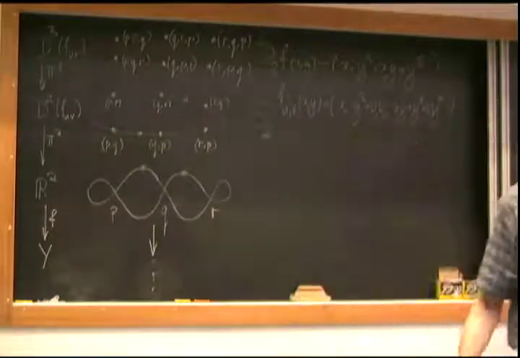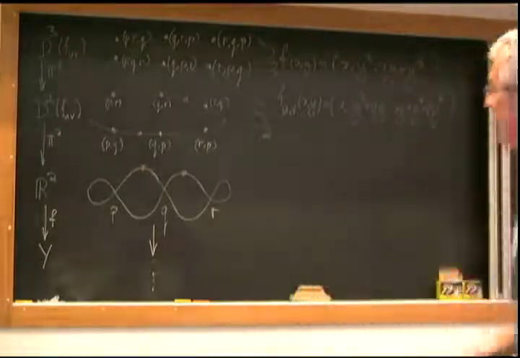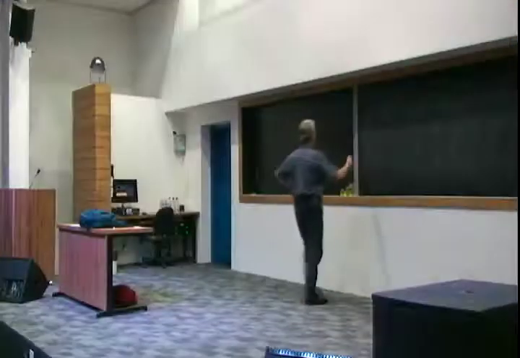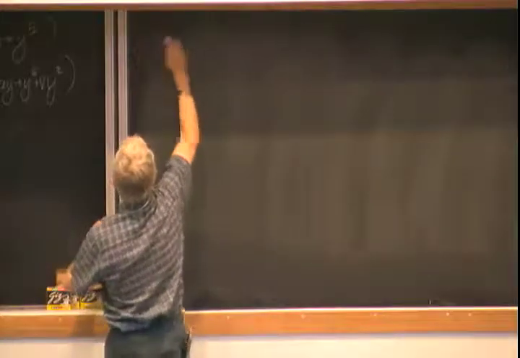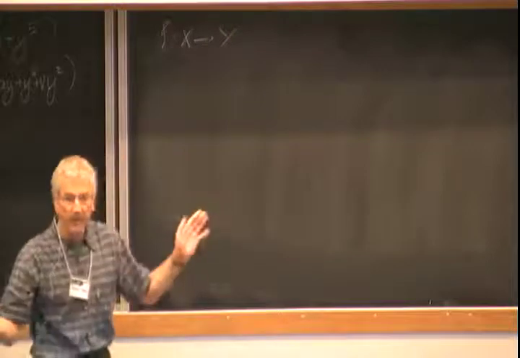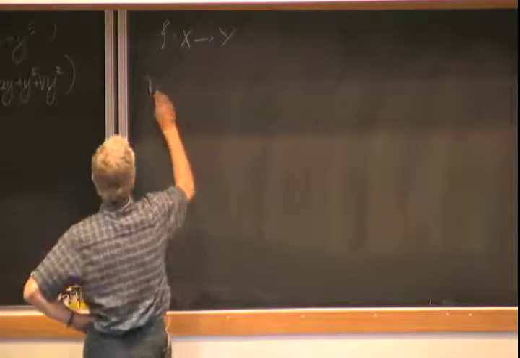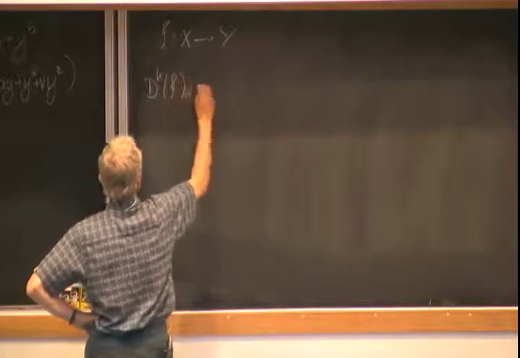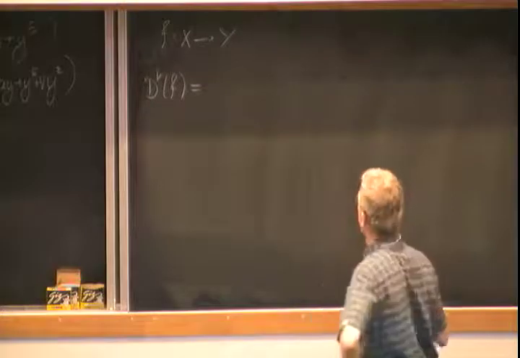Okay, so let's be a bit more general now. I'm going to define D_k. So now f is a map from X to Y, any map of topological spaces. I'm going to define D_k of f as follows.